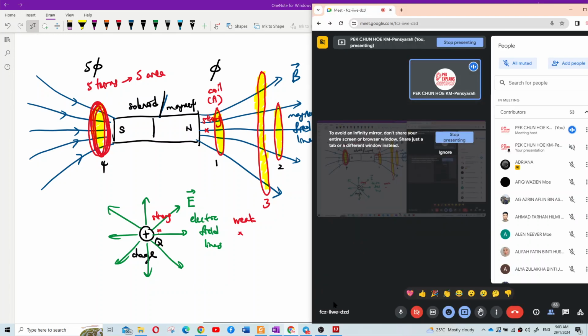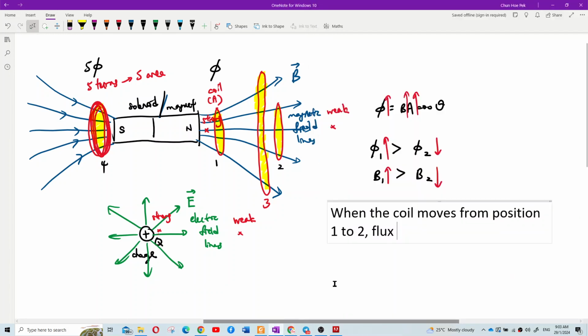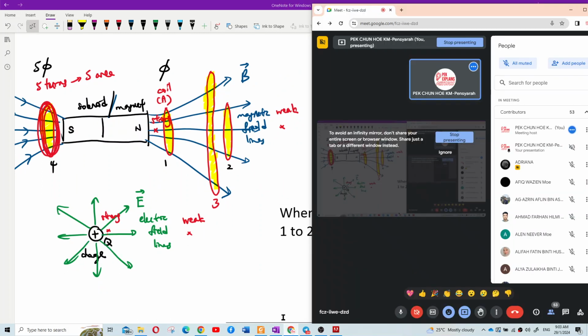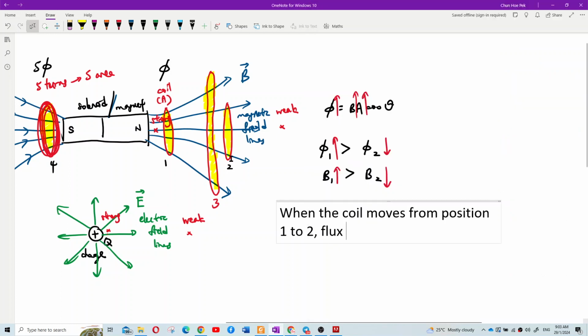Tell me, class. Does the flux increase or decrease when it moves from position 1 to position 2? When the coil moves from position 1 to position 2, does the magnetic flux increase or decrease?